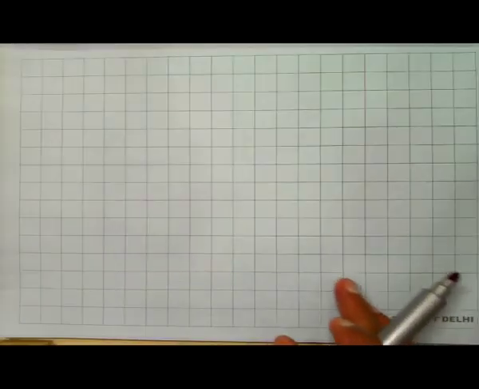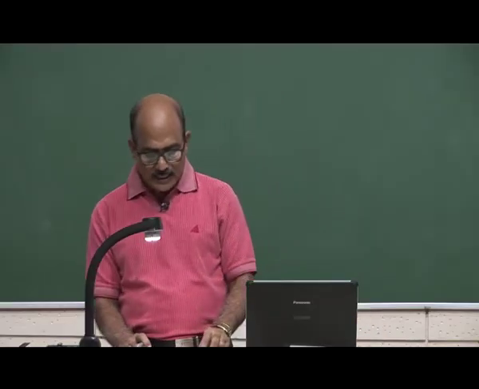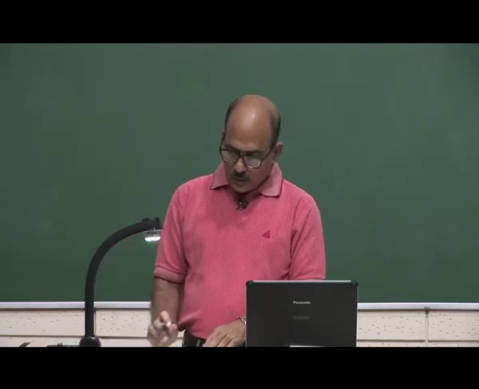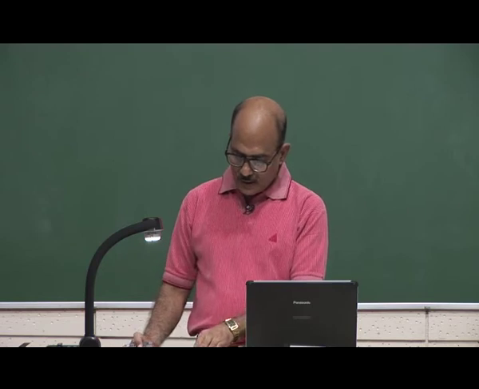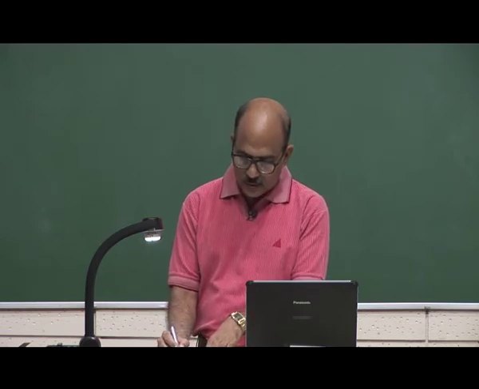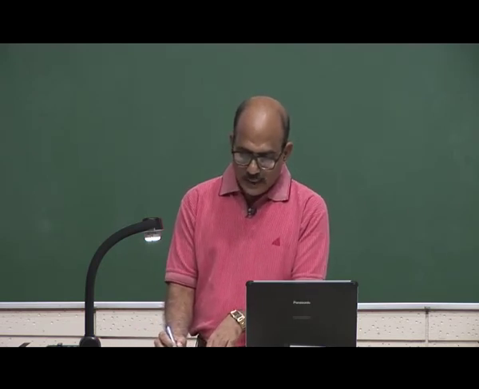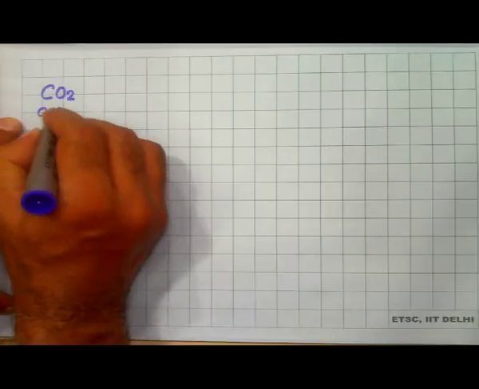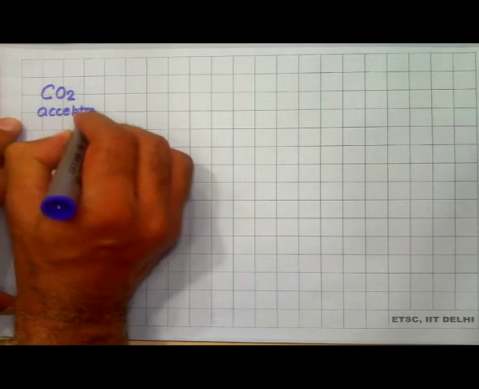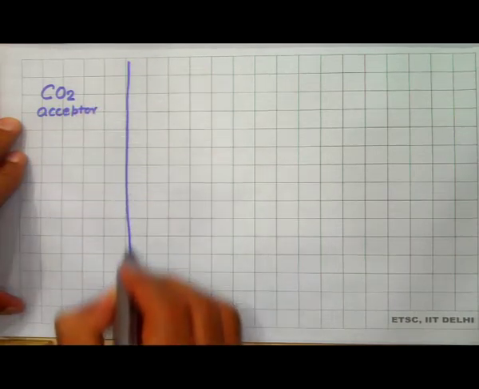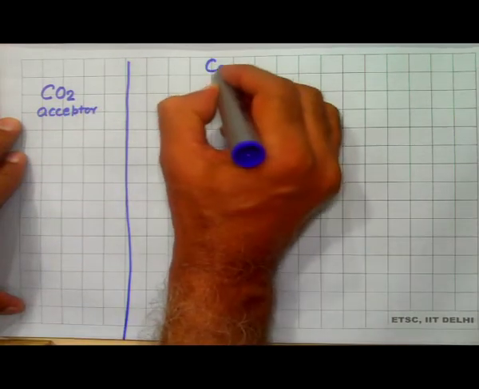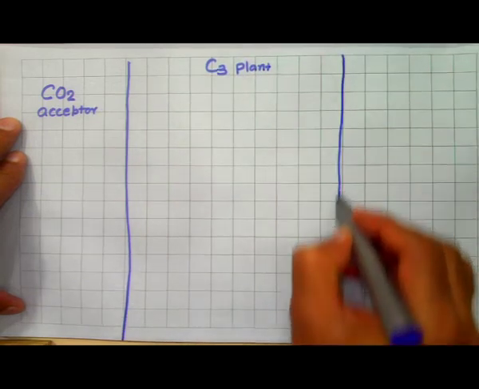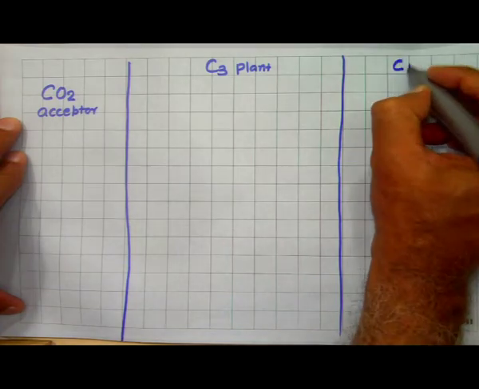Now, what are the differences between the C3 cycle and C4 cycle? So, now we can easily show here the CO2 acceptor in case of C3 plant and C4 plant.